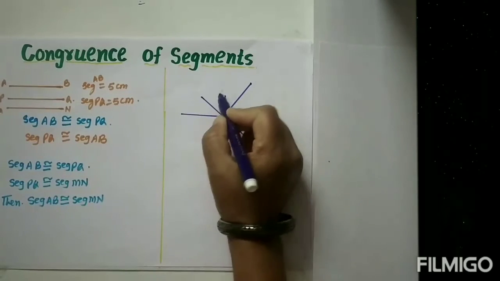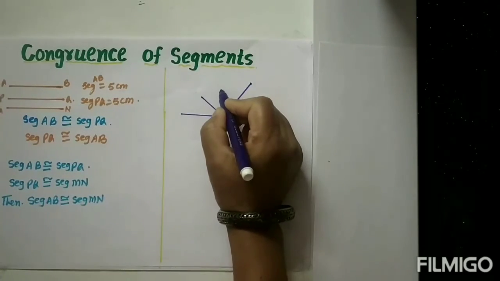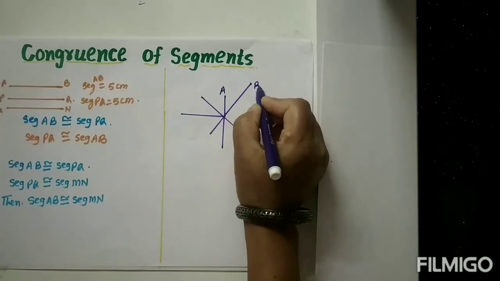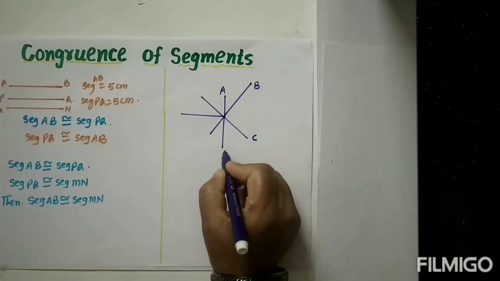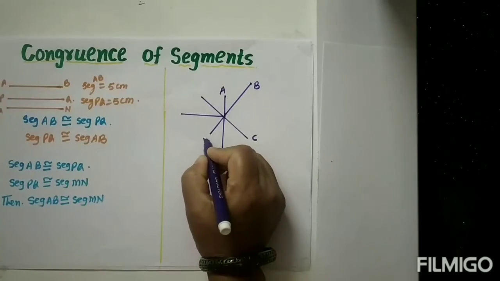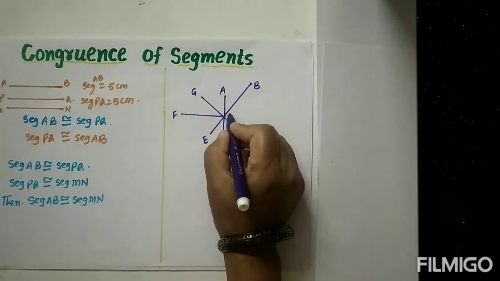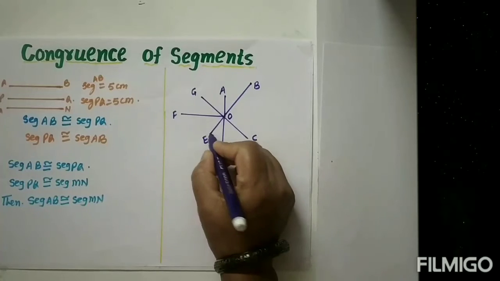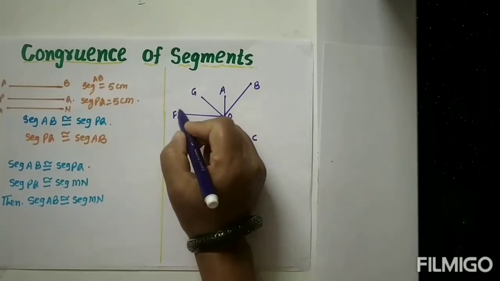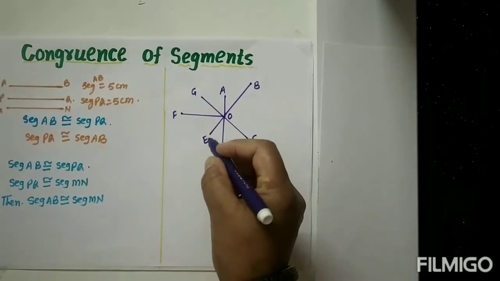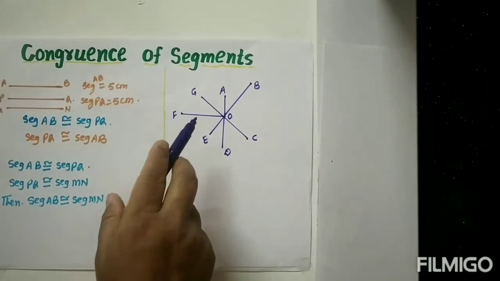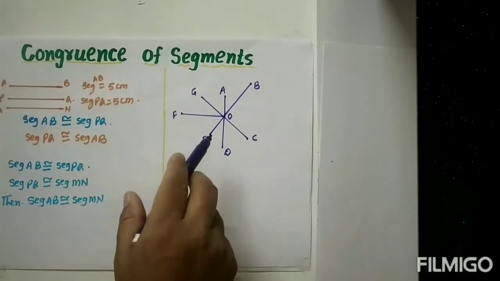These are some line segments: A, B, C, D, E, F, G and here O. Means here some line segments are there. Now here we are going to write pairs of congruent line segments.